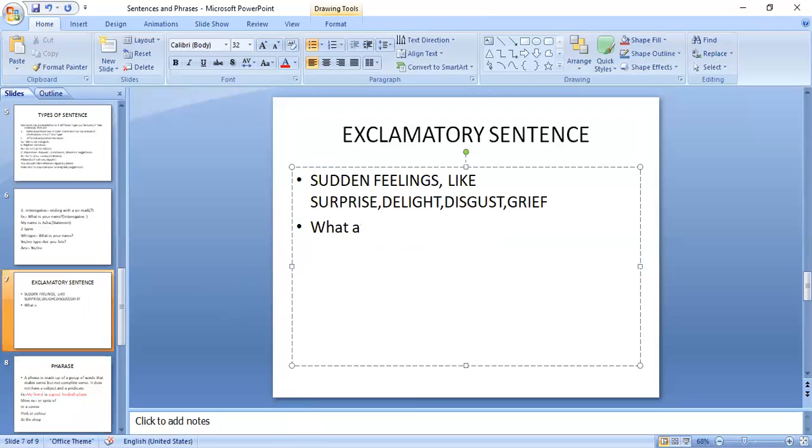After the exclamation, this mark is called the exclamatory mark.